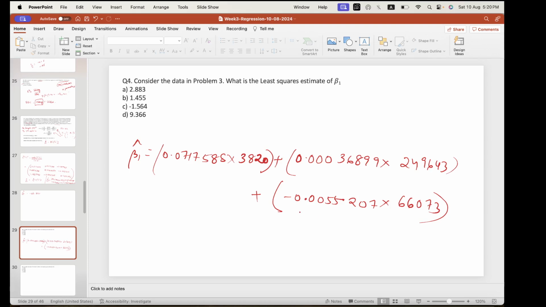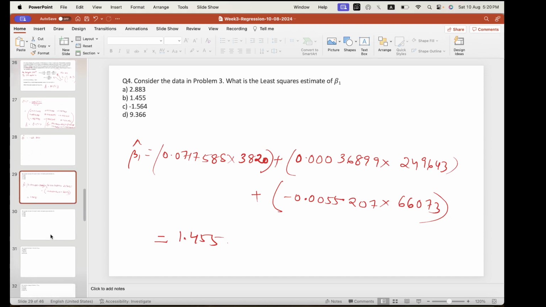So if we calculate, beta 1 hat will come very close to 1.455. Okay.